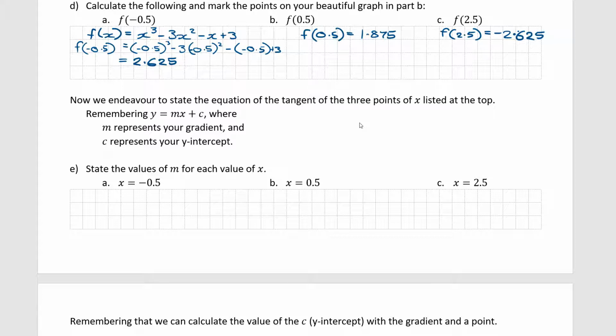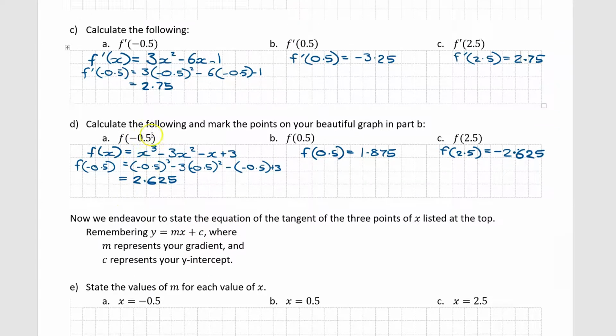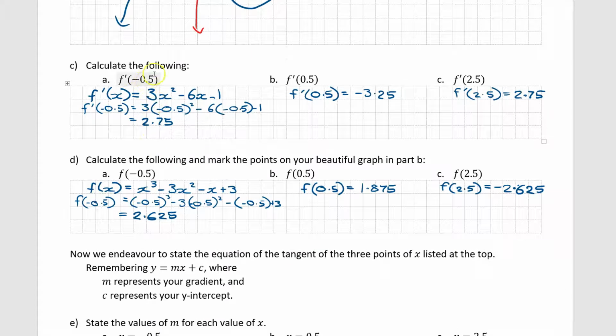Remember that the derivative tells us the slope of the original function for any value of x, and we've already calculated the slope at the values of x of the points we're interested in, so negative 0.5, 0.5, and 2.5.